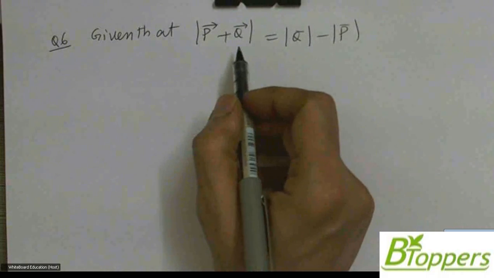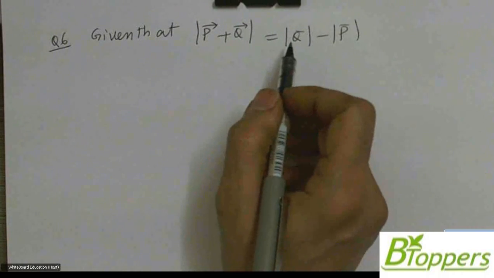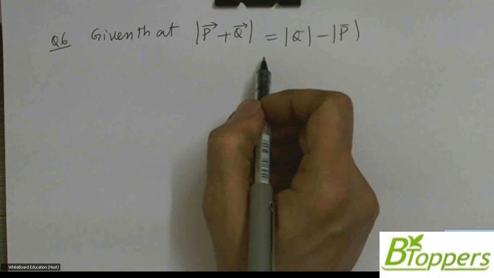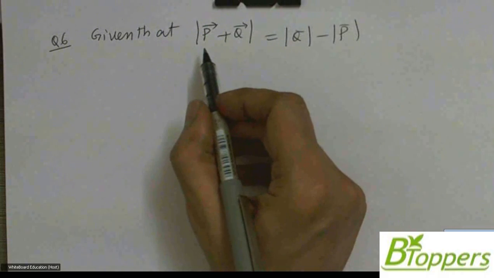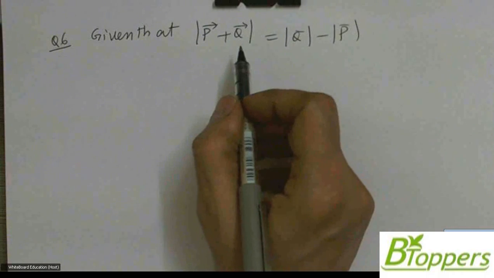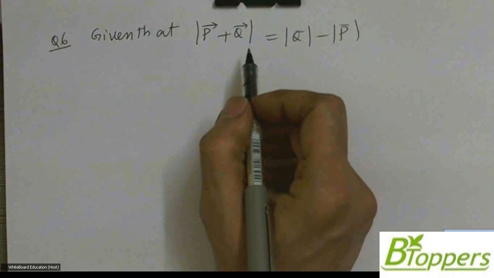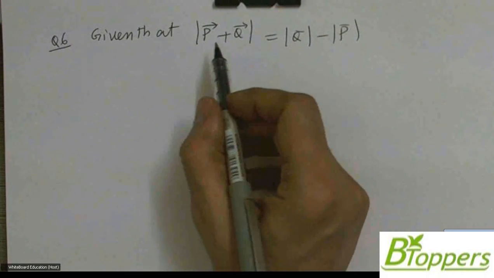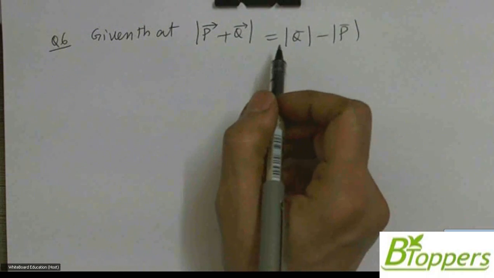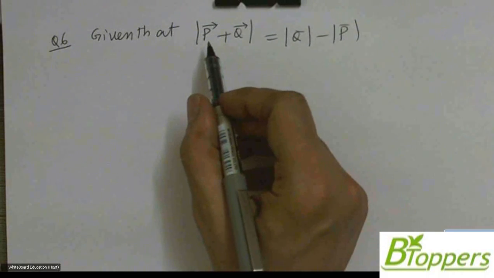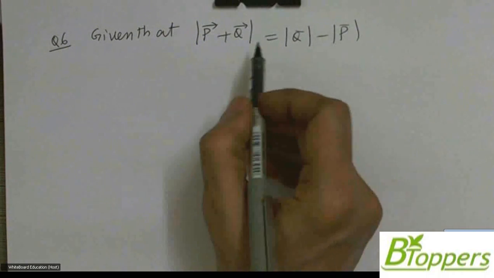So from the given information, you can directly conclude that vector p bar is opposite to vector q bar. And you must know that the modulus of a vector cannot be negative, as I discussed in the beginning. So the magnitude of the resultant of p bar and q bar is also positive. It is given that the modulus of the resultant is equal to modulus of q bar minus modulus of p bar.